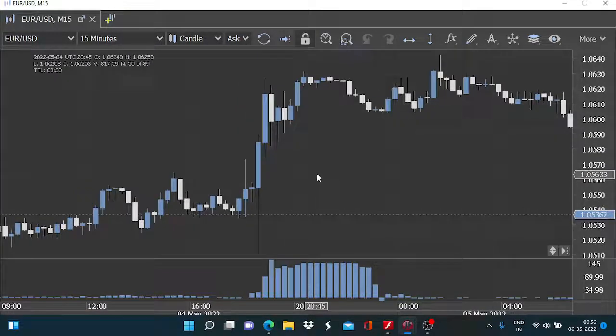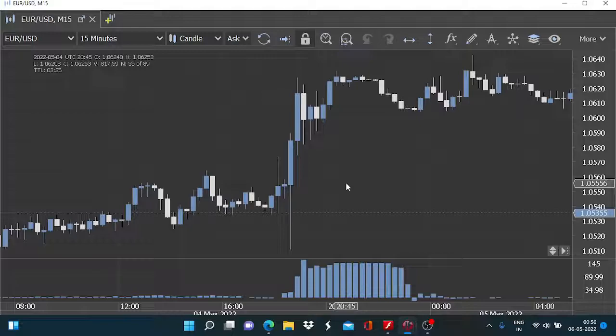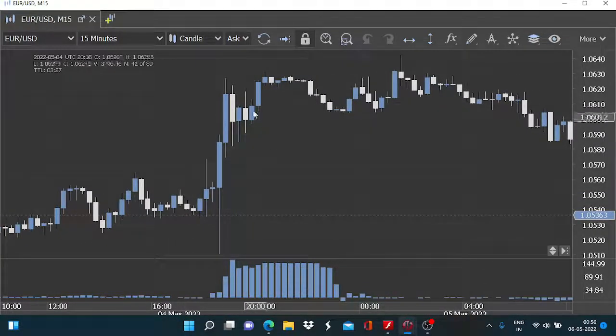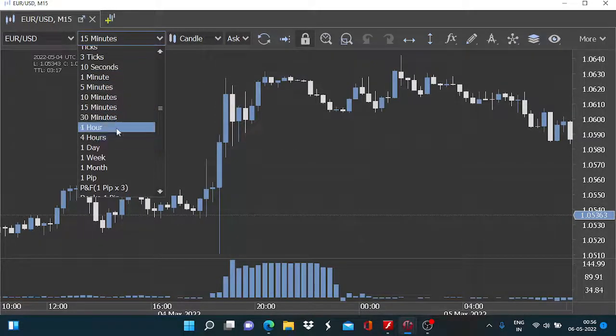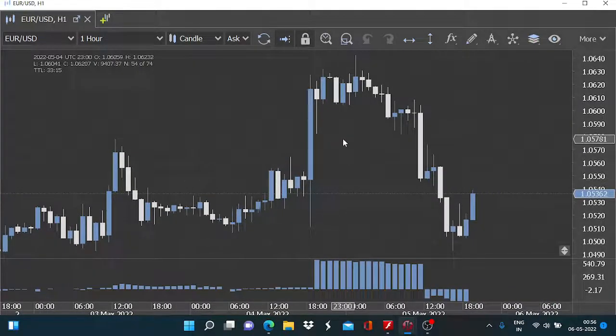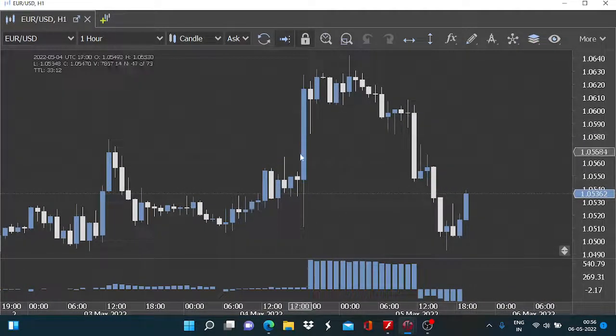So we will go for it provided the price action had actually rallied quite a lot over the prior 6 hours. For that, we will compare the difference between the last 15-minute candle and the candle which had closed 1 hour back. So that difference we will take into consideration, and then we will compare it with the difference between the second last candle and the candle which had closed 6 hours back.